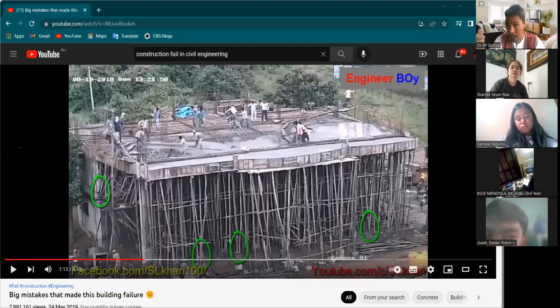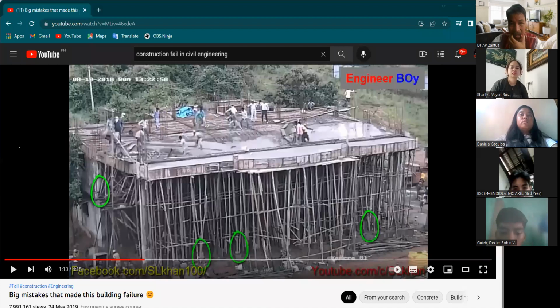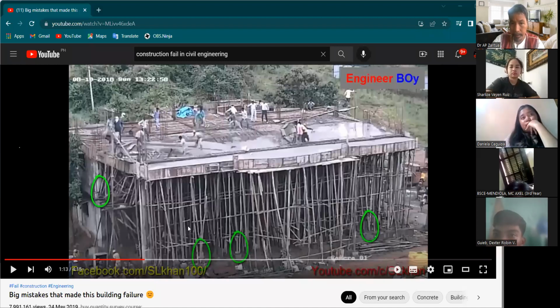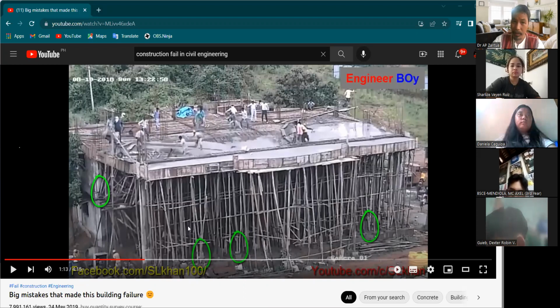So I will estimate. Divide by 13. And the height of one person is, I think, 1.7. So let's say 1.7 meters.